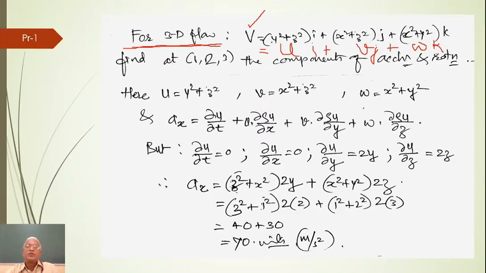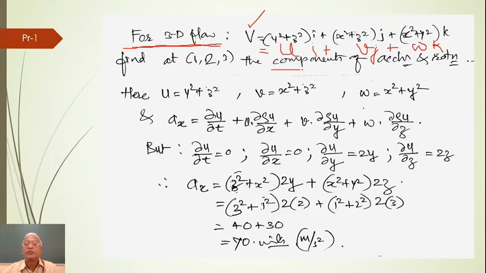Okay, u is equal to y squared plus z squared, v is equal to x squared plus z squared, and w is equal to x squared plus y squared. That's how it is. So total velocity is given in terms of components. Now what is asked is: find at a point 1, 2, 3 the components of acceleration and rotation.